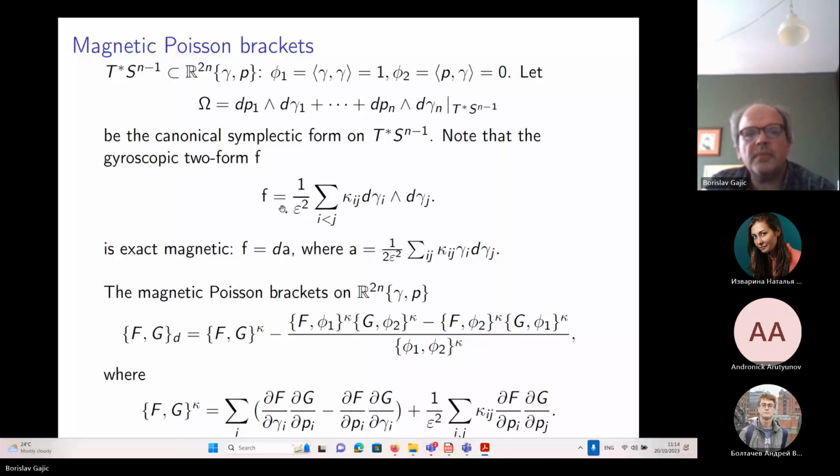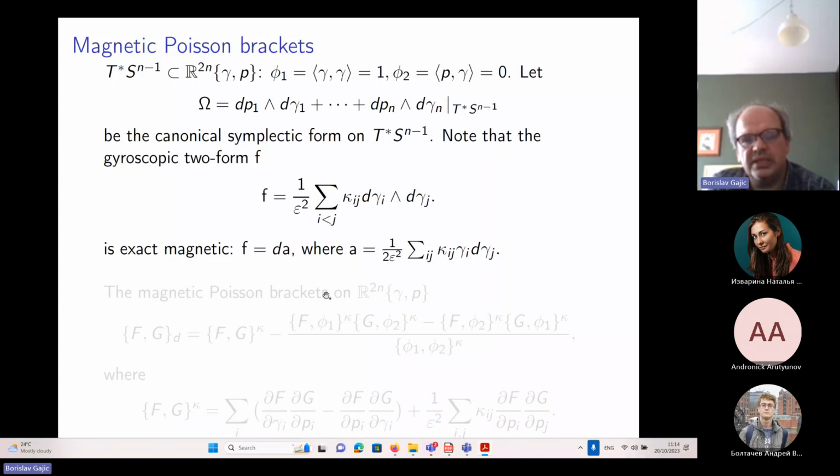So there is the cotangent bundle of the sphere, and this is the equation of motion.